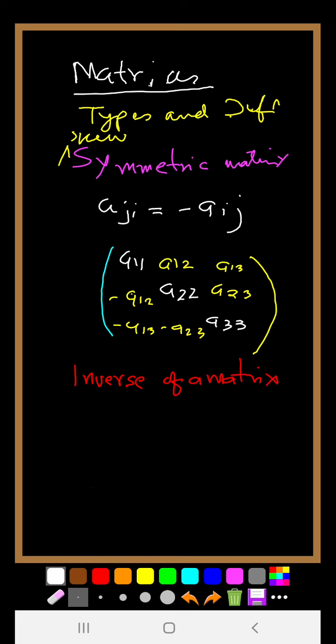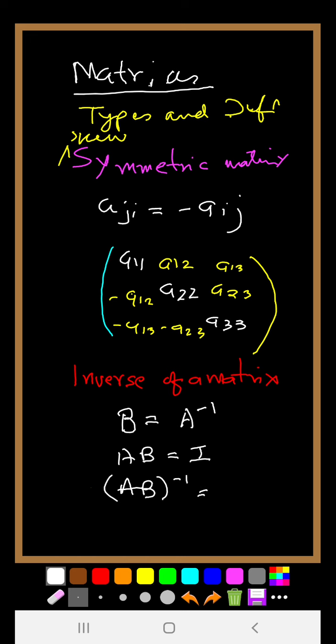If you have a matrix B, which is the inverse of a matrix A, then AB should be equal to the identity matrix I. Another property is that the inverse of AB should be equal to B inverse into A inverse. The order changes. This is the inverse of a matrix.